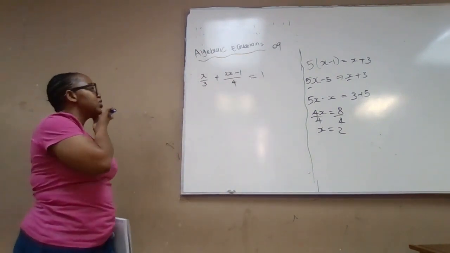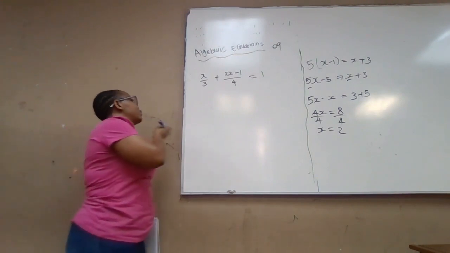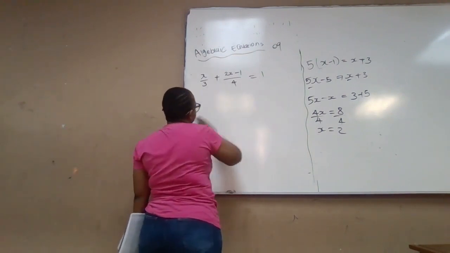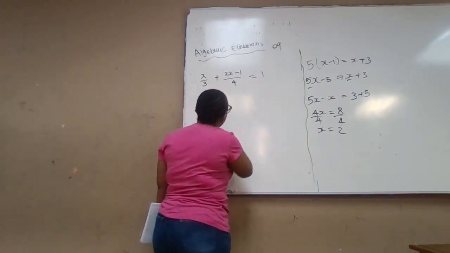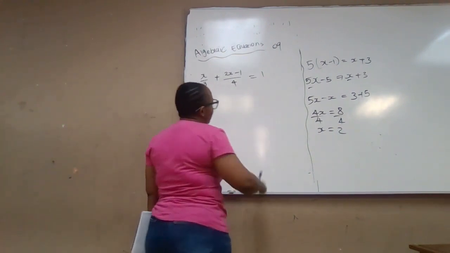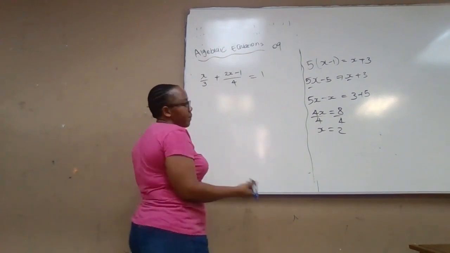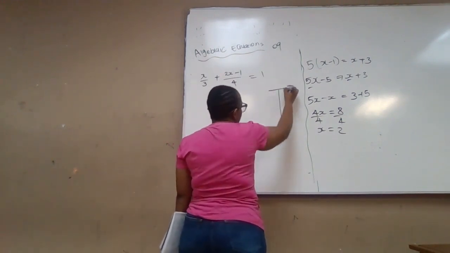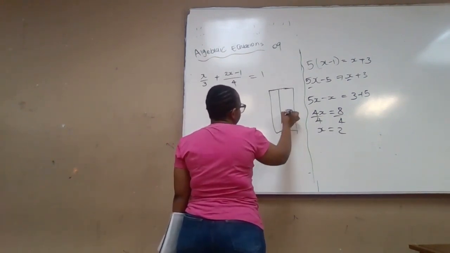So now we have fractions. When you have two fractions, you can use the multiplicative inverse method, or you can use the LCD method. To find the LCD of 3 and 4, the easiest way is to draw a table.